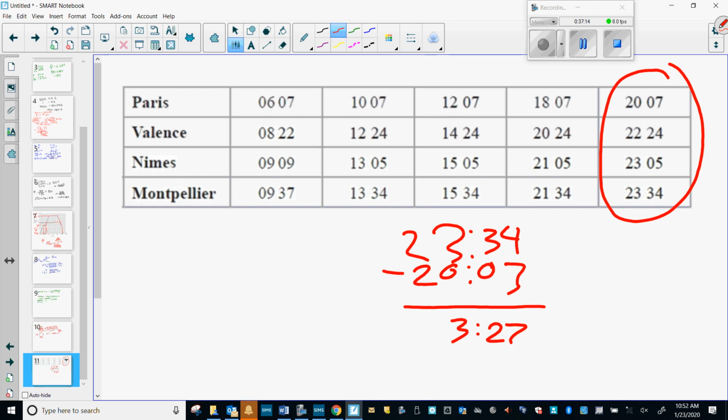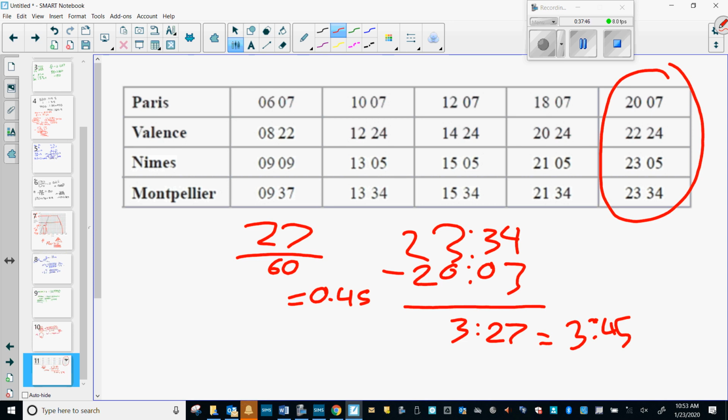But 27 isn't in hours, so I divided 27 by the number of minutes in an hour, which equals 0.45. So 3 hours 27 minutes is equal to 3.45 hours.